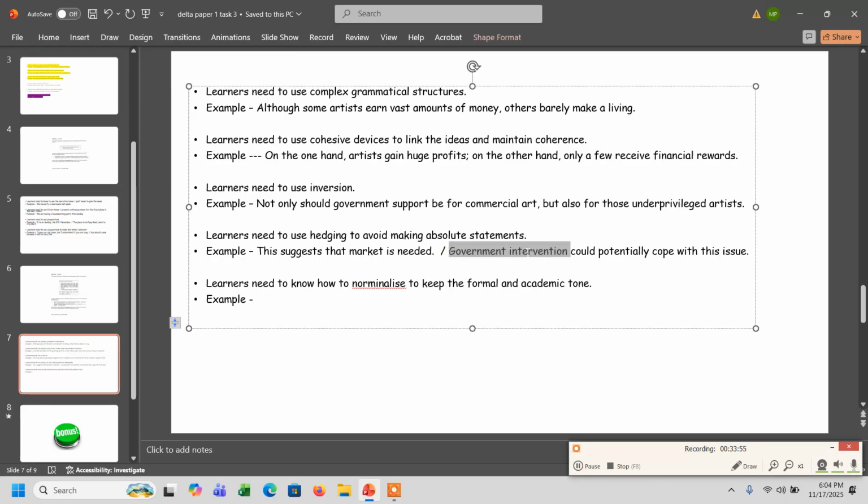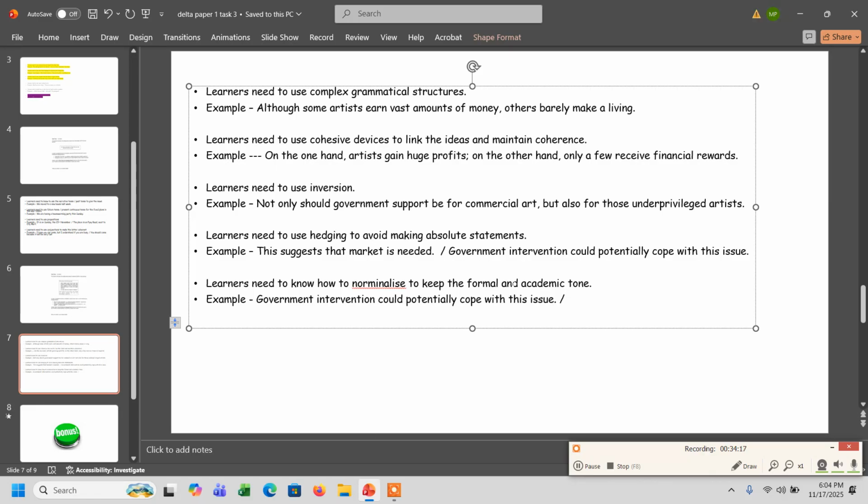This is the nominalization. I could also use this sentence here instead of saying government should intervene. Okay, government intervention.